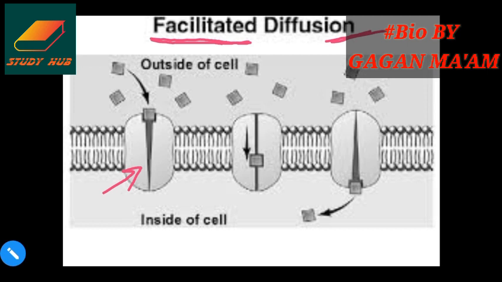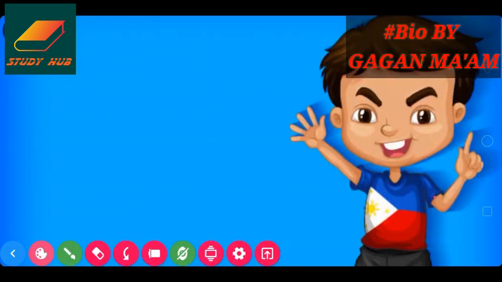So see here, this is carrier protein and it's carrying the substances or the molecules to be transported from outside to inside the cell, and this is transported. See, now it is finally released. So this is all about facilitated diffusion. Transport proteins help the particles to move across the membrane. We will discuss about active transport.